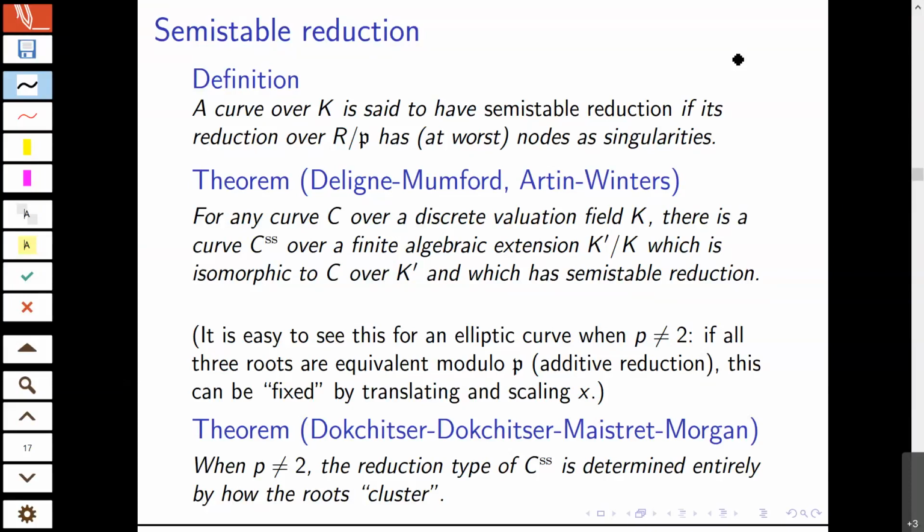But they show that the reduction type of the semi-stable model that you can get, what we call CSS, is determined entirely by how the roots of the defining polynomial cluster, meaning which subsets of them are equivalent mod p, but then within those subsets, which subsets are equivalent mod a higher power of p or are p-adically closer together.